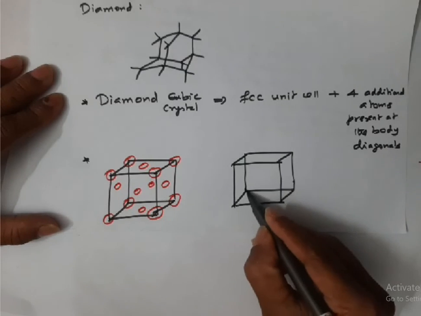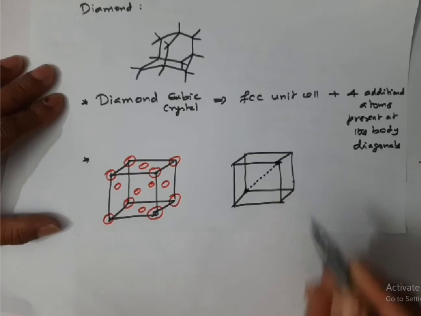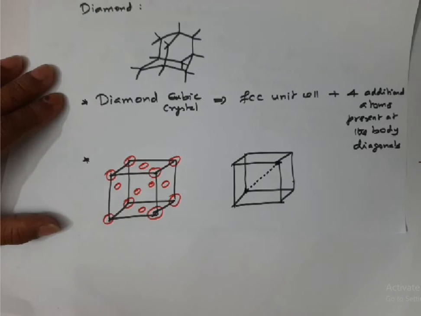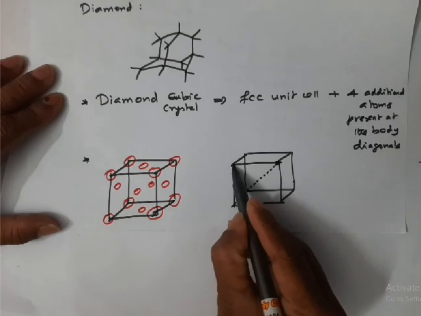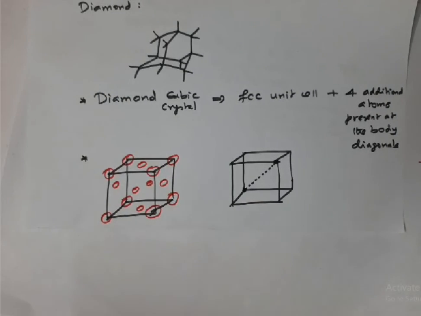Students, listen. I'll take this corner and join it with this opposite corner. This is one body diagonal. You have to connect opposite corners.